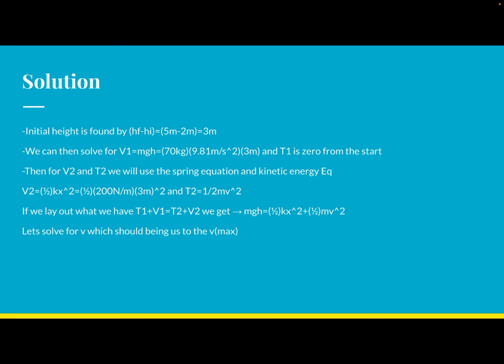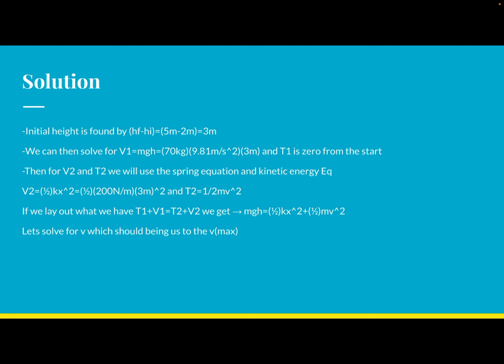And initially T1 is 0 as there's no initial velocity before the string was stretched. And then now we can solve for V2 and T2, where our spring and kinetic energy equation comes into play, where we plug in 1/2 times 200 Newton meters times 3 meters squared and 1/2 mv squared.